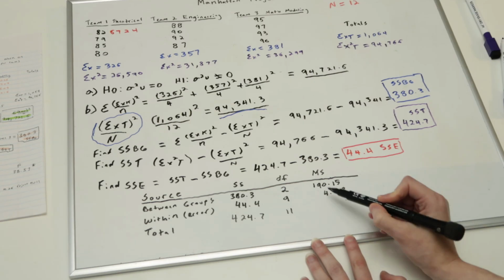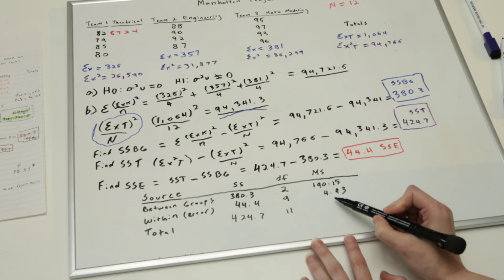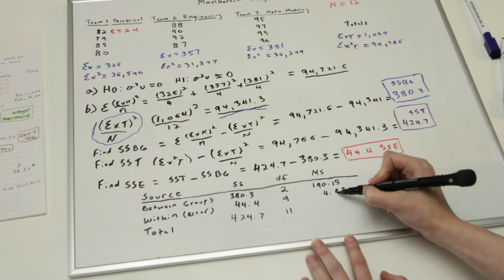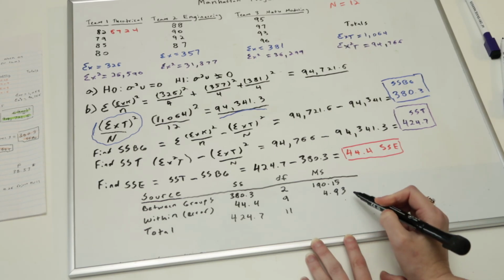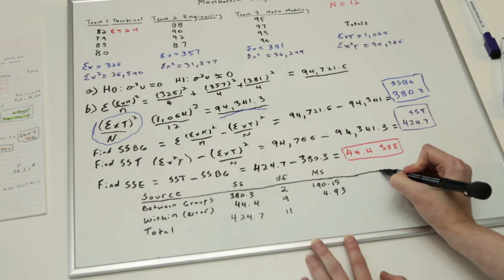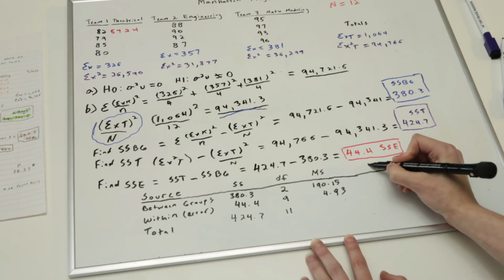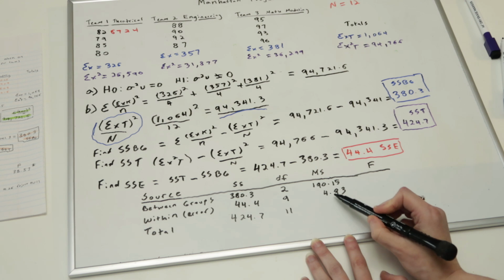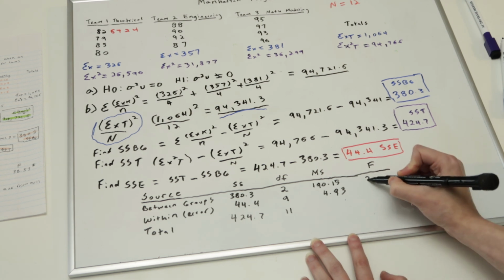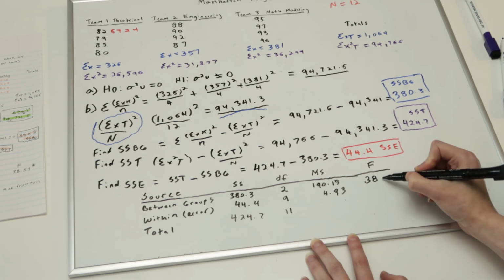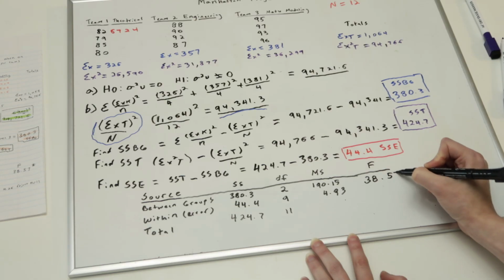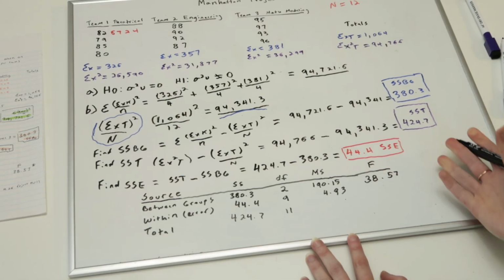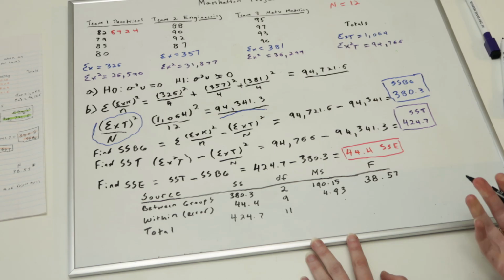Then you're going to take 190.15 and divide it by 4.93 to get your F statistic. So 190.15 divided by 4.93, that's going to get you an F of 38.57.